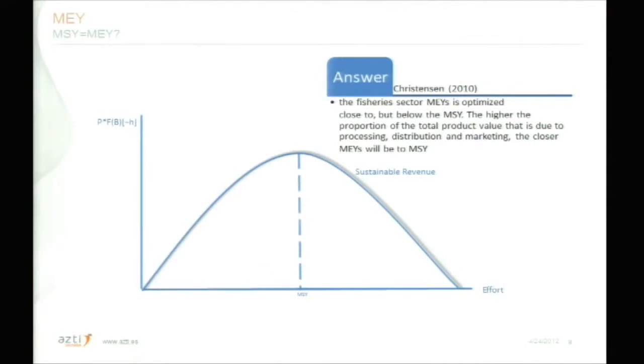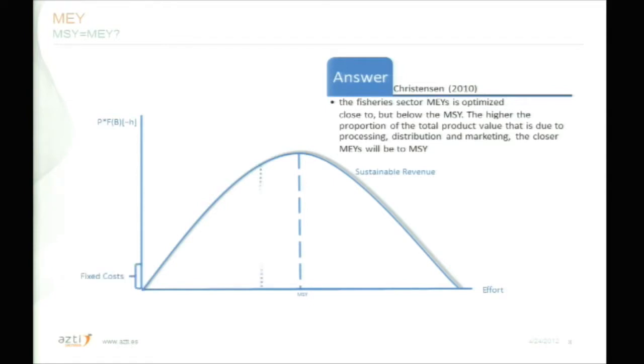So we have this question, and we have also an answer from this paper. And the answer that Christensen gives is that the fishery sector's MEY is optimized close to but below the MSY. The higher the proportion of the total product value that is due to processing, distribution and marketing, the closer MEY will be to MSY.